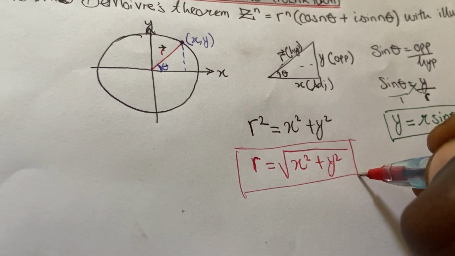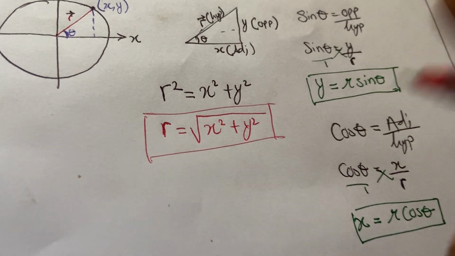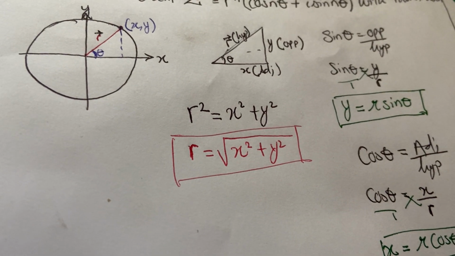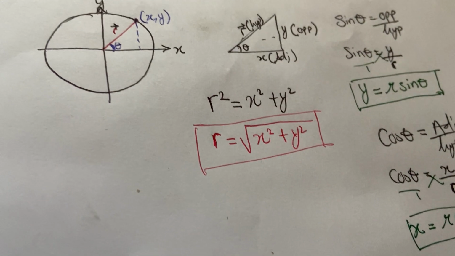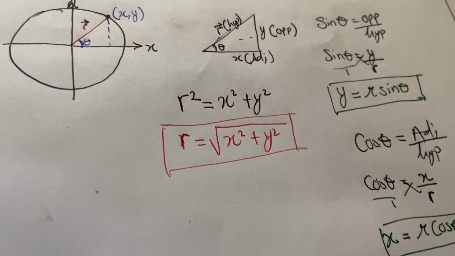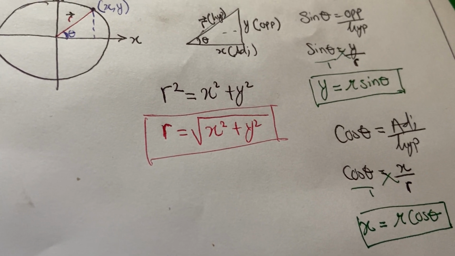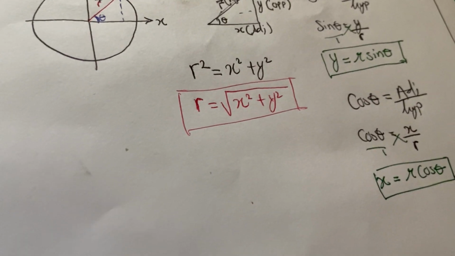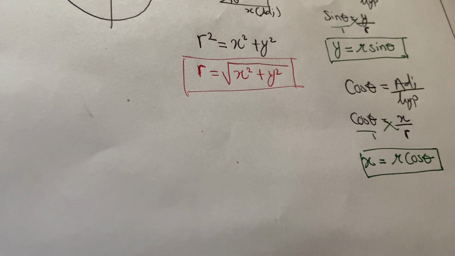This also is important. And r is called the modulus, or the amplitude, or the absolute value of z, and theta is the argument or the phase.